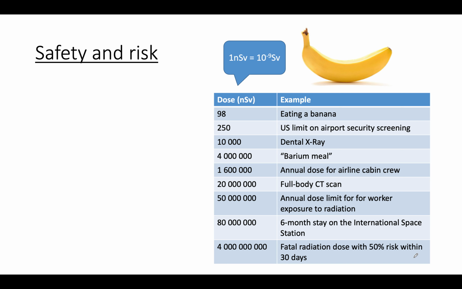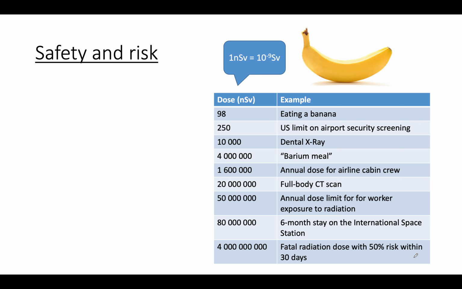And you can see there are various other things going on there, different doses, ranging from going through airport security to much higher risk things. So, for example, if you received a dose of 4,000 million nanosieverts, that is 4 sieverts, isn't it? That's a fatal dose.